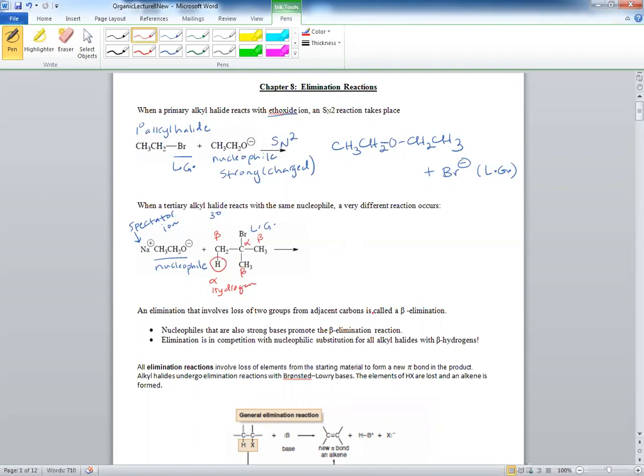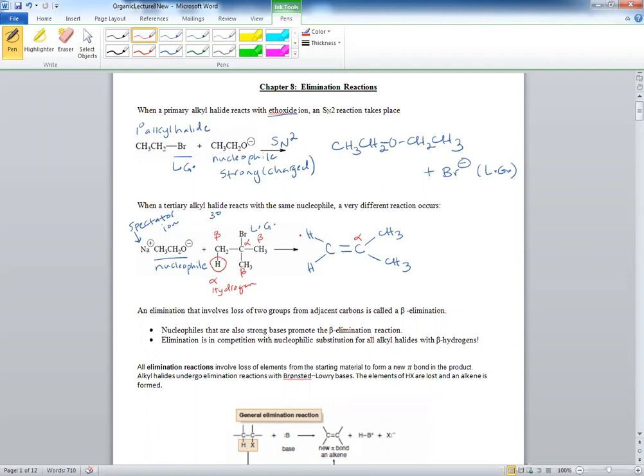What happens here is that instead of an SN2 reaction, you actually get what we call an elimination reaction, where, pay attention to this, you get this as the outcome. And I'm going to keep the alpha to show you what happened here.